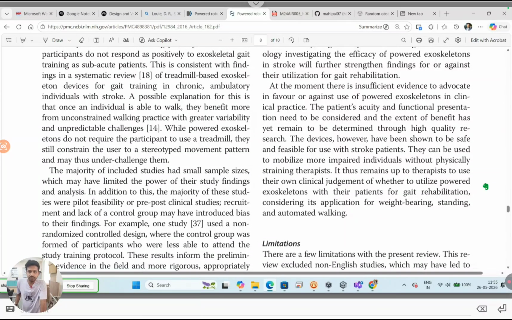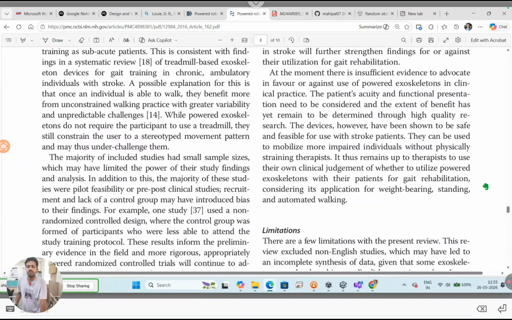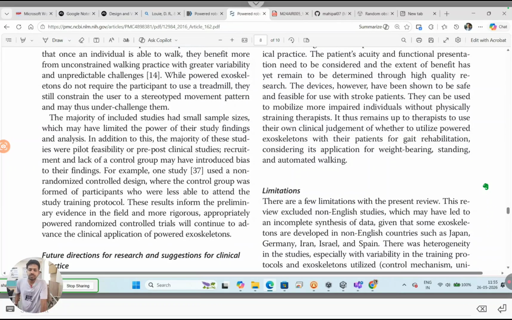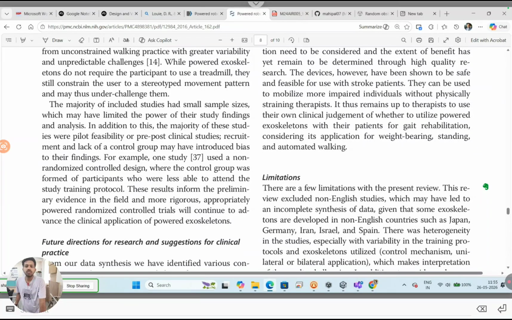The majority of recruited studies had small sample sizes, which may have limited the power of the study findings and analysis. In addition to this, the majority of these studies were pilot feasibility or pre-post clinical studies. Recruitment and lack of a control group may have introduced bias to their findings.